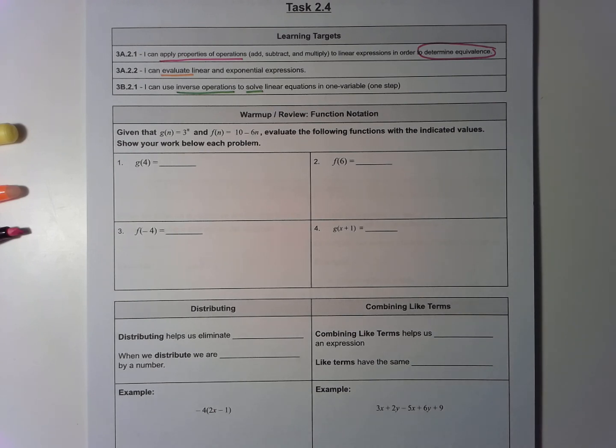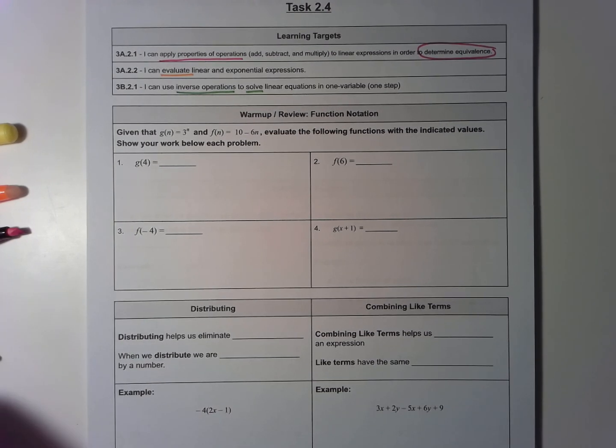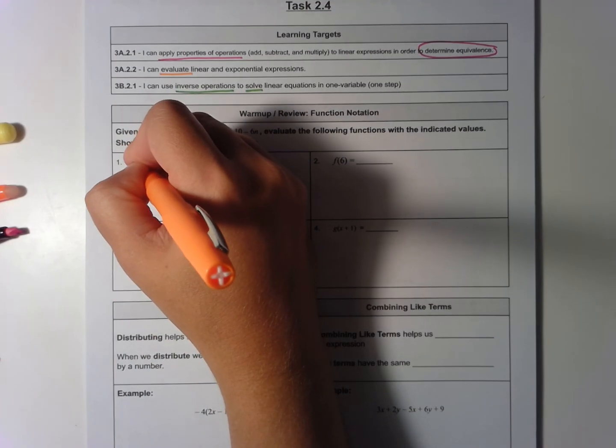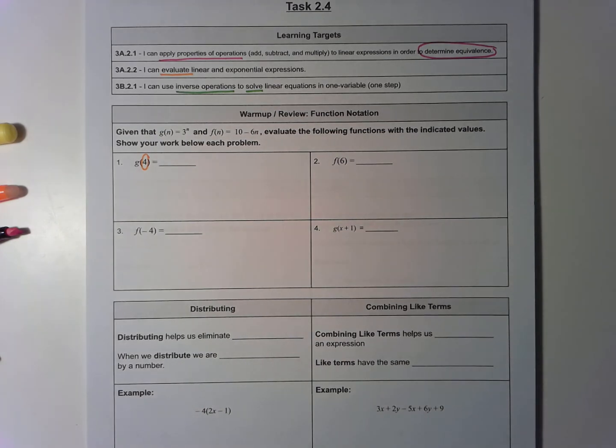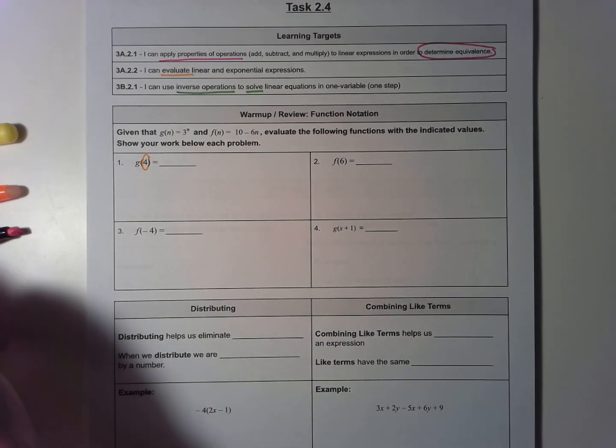The first problem here says find g of 4. Now the important piece here is I do need to show my work in order to receive full credit. So g of 4 here means take the number 4 and plug it into the g of x function instead of all of the n's.